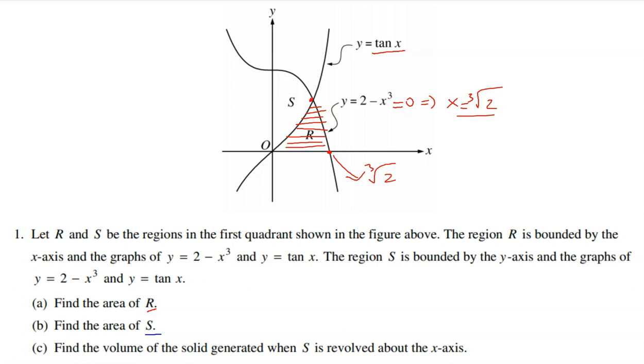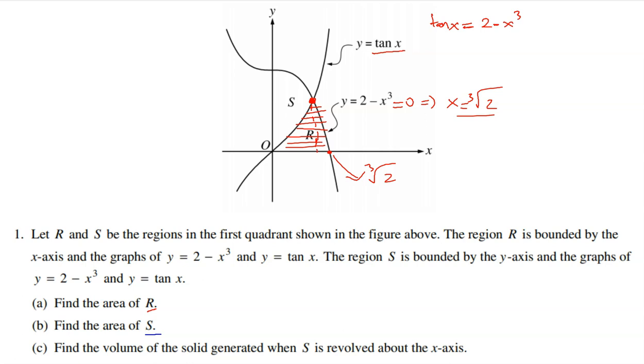Then we need to figure out the x coordinate of this intersection point. The way we can find that is to set tangent x equal to 2 minus x cubed, because at that point these two curves are intersecting and that point is going to satisfy both of the curves.